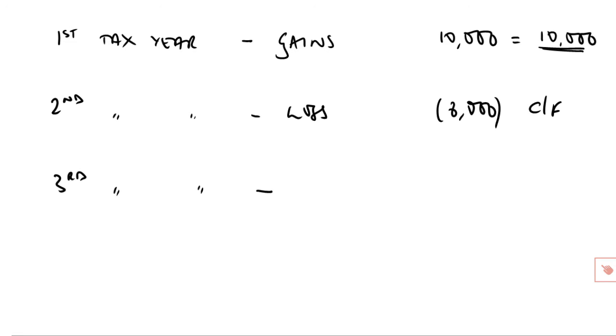And I'll tell you this about the third tax year. This time there were two disposals. One which gave rise to a gain and one which gave rise to a loss. The gain was 15,000 and the loss was £1,000 there. Right, how do we then deal with that?